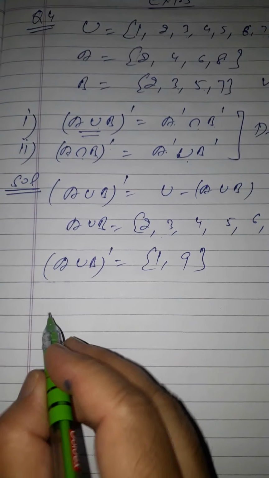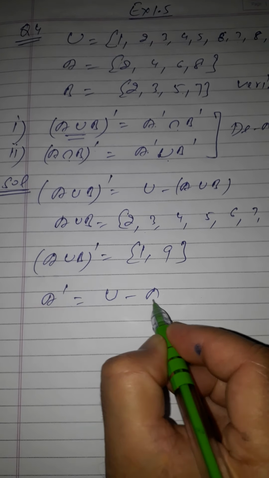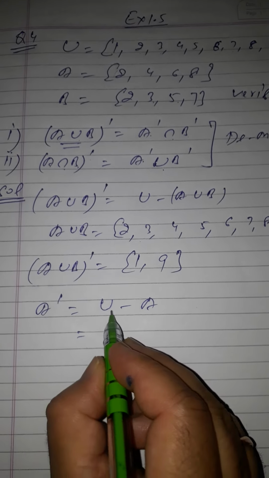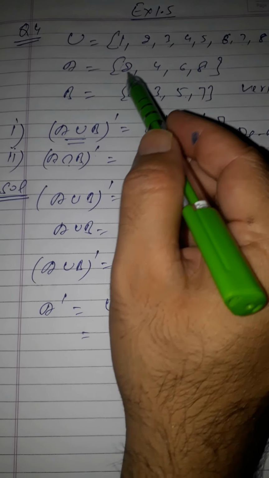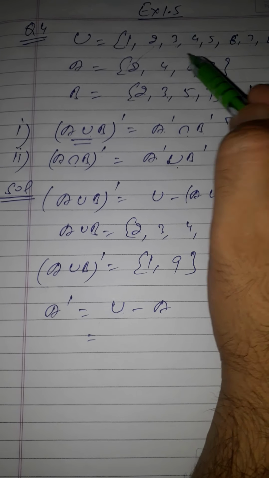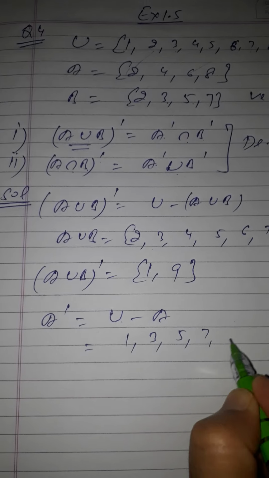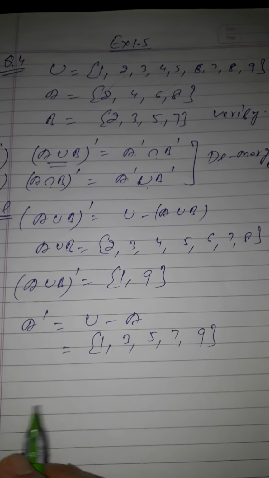Now let us come to the complement of A, that is equal to U minus A, right, students? U minus A means, here 2 is there, 4 is there, 6 is there, 8 is there. What is left? You are left with 1, 3, 5, 7, 9. Is it clear?